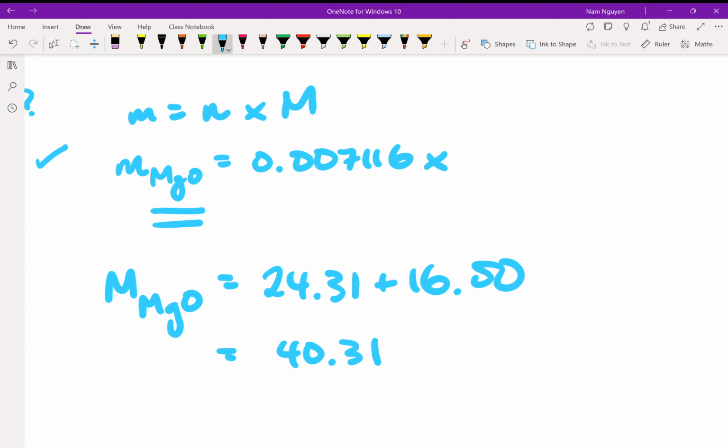So I'm multiplying this by 40.31. What's 40.31 times 0.007116?